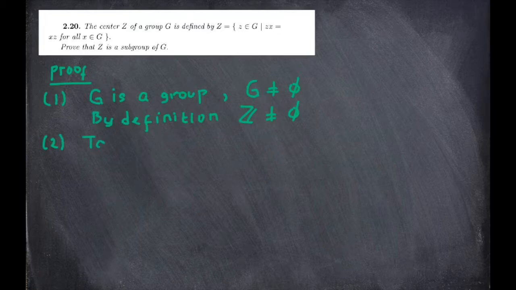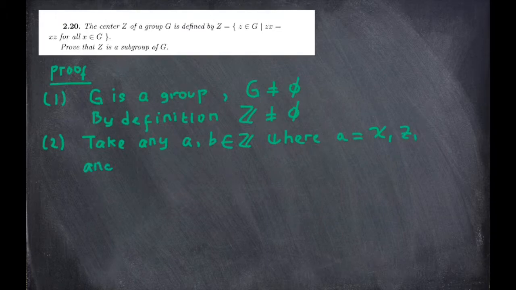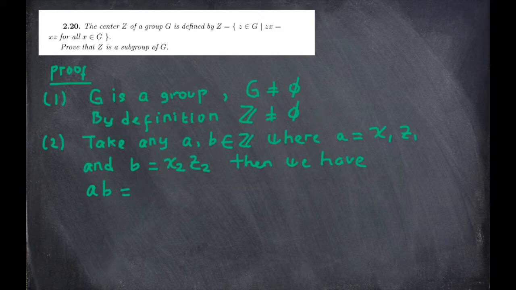So take any A, B in Z where A is equal to x1 Z1 and B is equal to x2 Z2, and then we have A times B is equal to x1 Z1 x2 Z2.